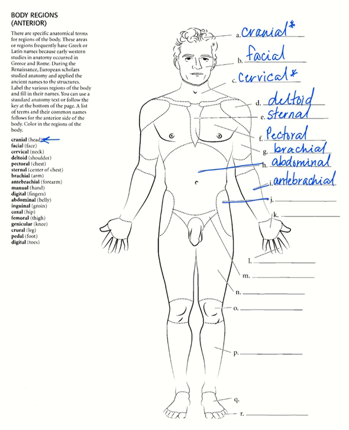Your hips here are coxal. And then your hand is manual. And then when we get to L, we have our digitals. You may also know them as phalanges, but that's more so when we're talking about the bone structure. M, again, I mentioned this in the abdominal diagram.